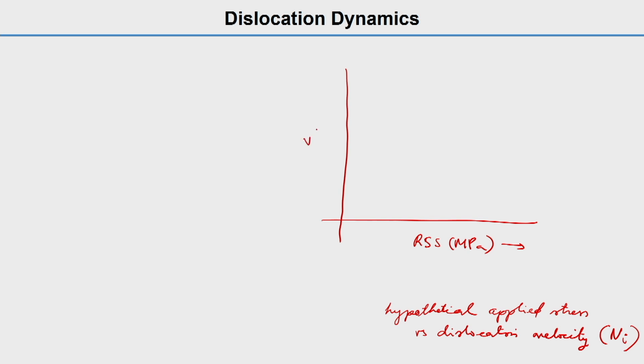They have drawn it for nickel. This is the resolved shear stress in megapascal, and this is the dislocation velocity in meter per second. If you see for nickel, I will not write the scale here, so maybe we can write the straight line behavior.